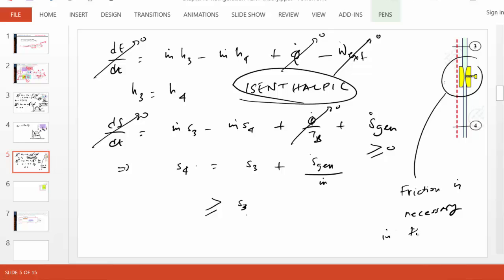This is also known as throttling. What happens is called throttling. The flow is throttled. So in a throttling device, like an expansion valve, entropy increases. So in the TS diagram, let me make a small diagram here.